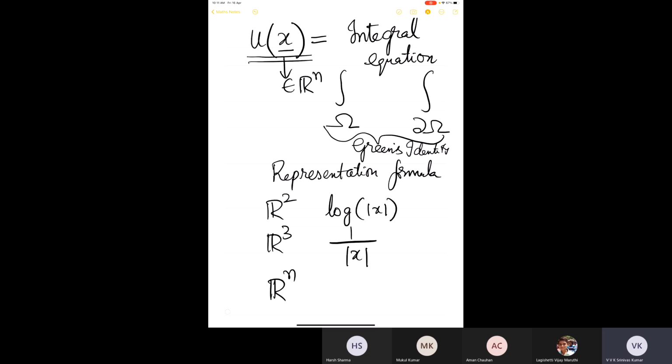And in general, in Rn, for n greater than 3, it is mod x to the power of 2 minus n. These are basic radial functions.